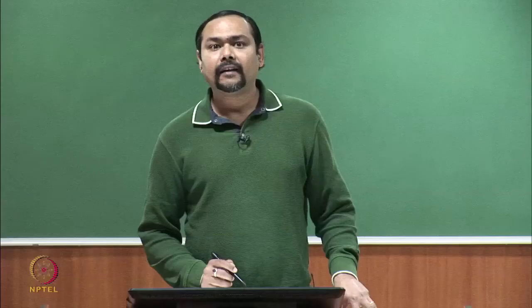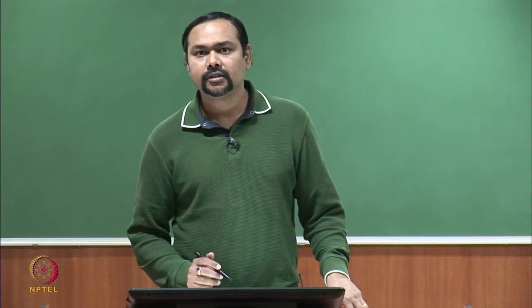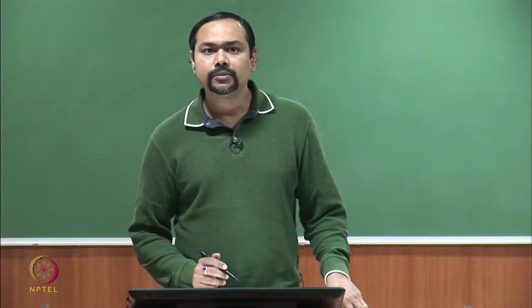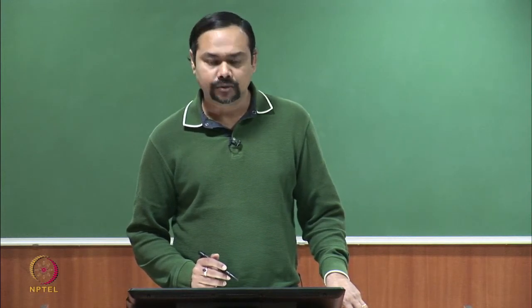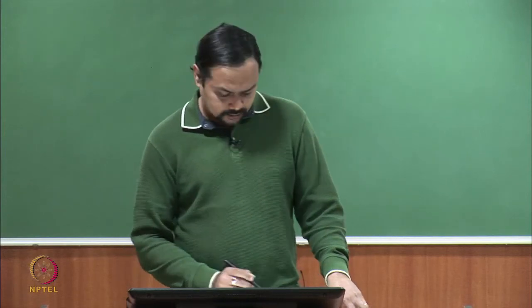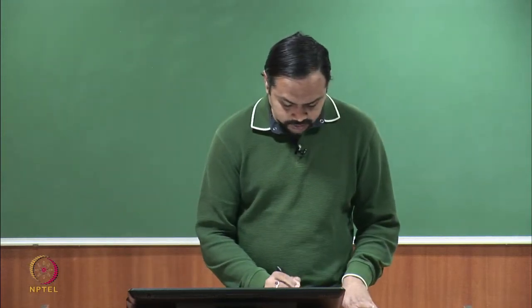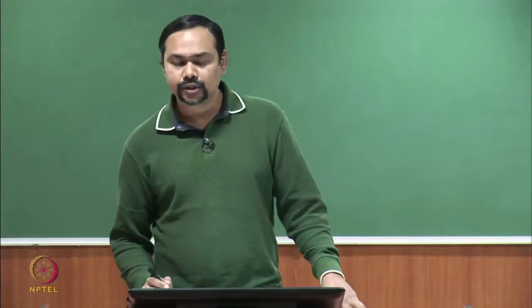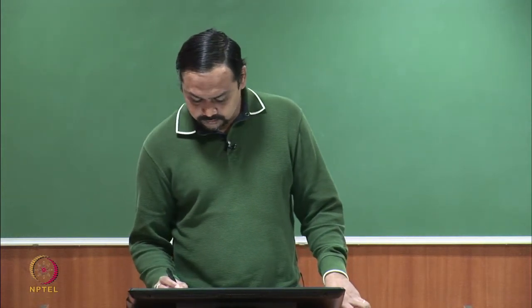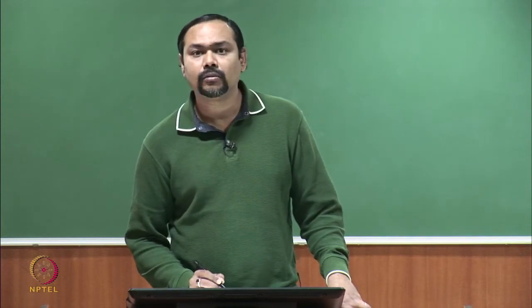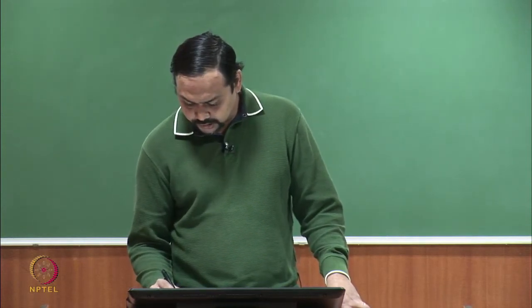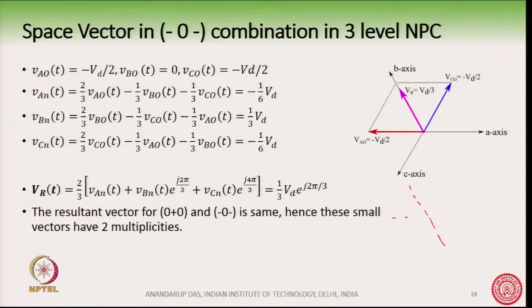You do not always have to go through this mathematics to find out how the resultant space vector looks. You can quickly also diagrammatically come to the same conclusion. For example, let me take this minus 0 minus combination. So, I can quickly draw, see this is the A axis, this is the B axis and this is the C axis, for example.